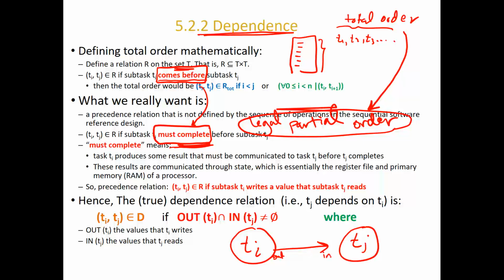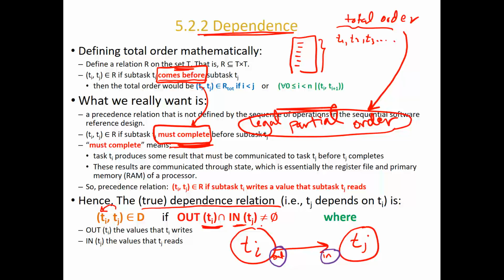So we say that a true dependence between two instructions, so instruction Tj depends on instruction Ti, if the output of instruction Ti intersects with the set of inputs for instruction Tj, and that intersection is not empty, meaning there is one or more elements that are produced by instruction Ti and needed by instruction Tj.